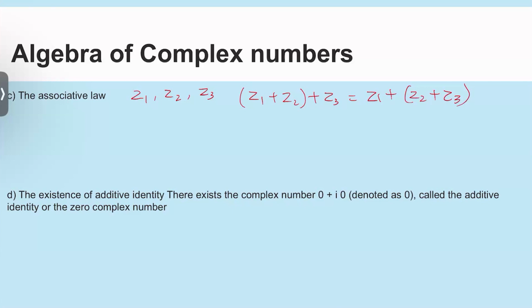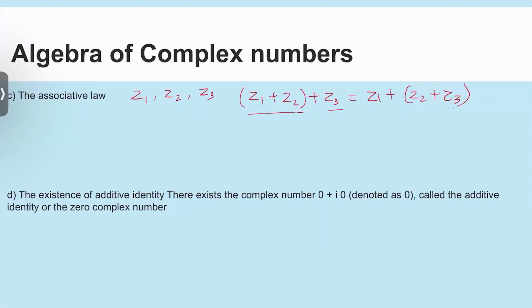This means the sum of the first two numbers, when added to the third complex number, will be equal to adding the second and the third number first, and then adding the result to the first complex number. This also holds true when we are adding.